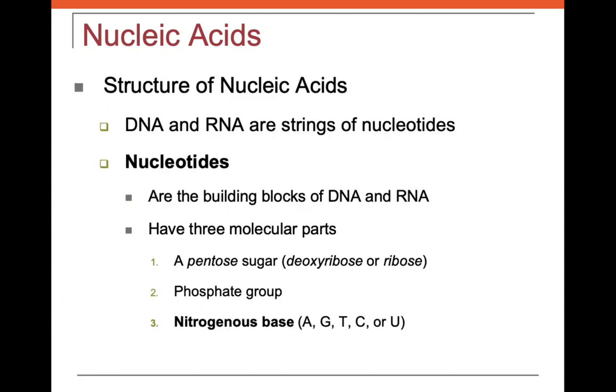The structure of nucleic acids, the DNA and RNA, are a string of nucleotides. These nucleotides are the building blocks of DNA and RNA. They're going to have these three moving parts. It's going to have a pentose sugar, right? That five-sided sugar looks like a house. It's going to have a phosphate group, PO4, and then it's going to have these nitrogenous bases.